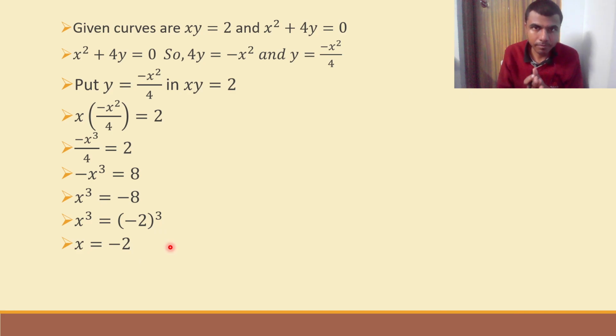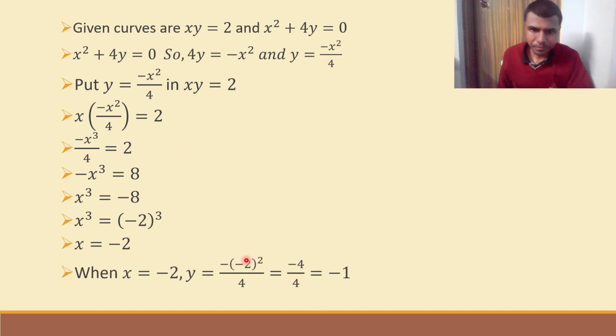I got my x. Now I need to get my y. We got y as minus x square by 4, right? And we know x is minus 2. So in place of x, put minus 2. So I'd get y equal to minus of minus 2 whole square by 4.